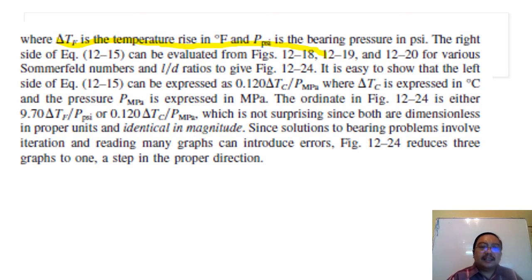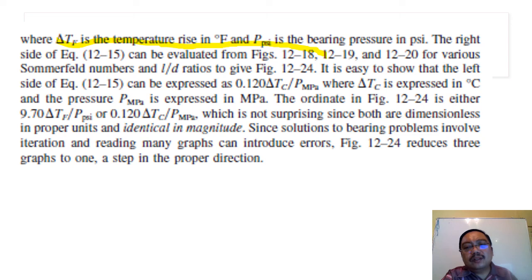The right side of equation 12.15 can be evaluated from figures 12.18, 12.19, 12.20 for various Sommerfeld numbers and L over D regions to give figure 12.24. It is easy to show that the left side of equation 12.15 can be expressed as this equation, where temperature range in C is expressed in Celsius and pressure in MPa.